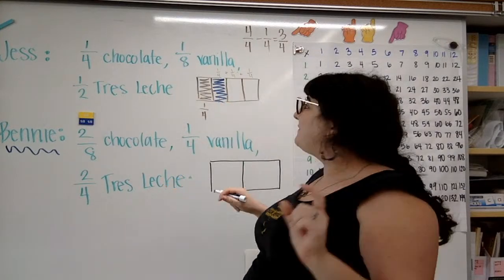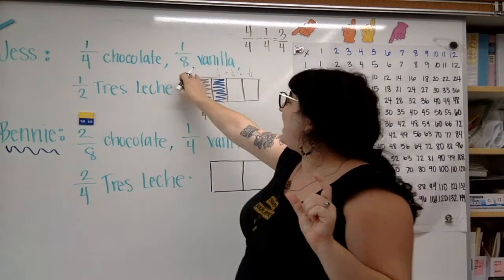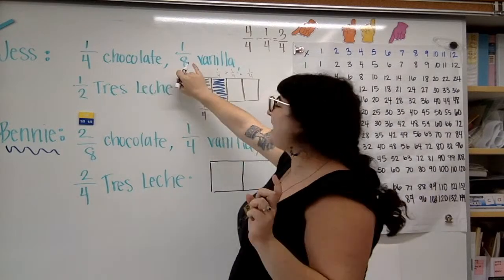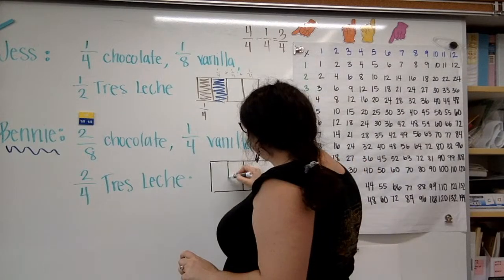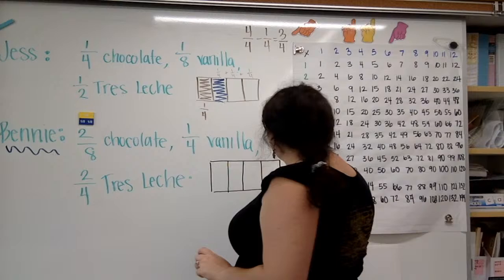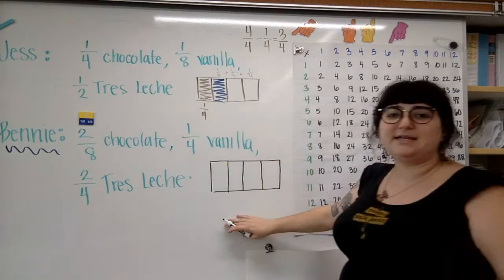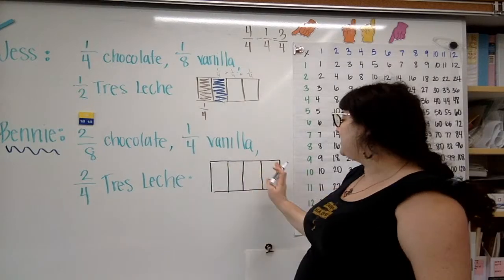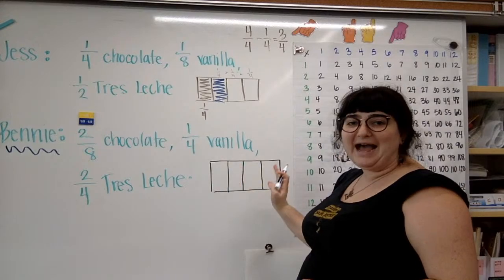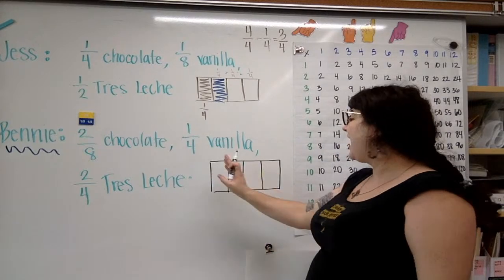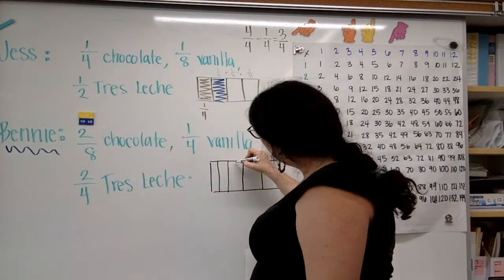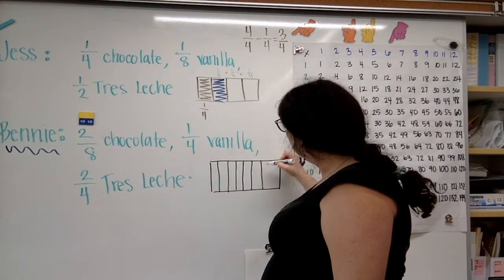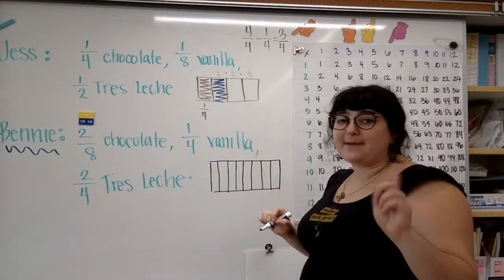So I have a feeling Jess, after having that chocolate, was like, I just want a little taste of the vanilla. Right? We have to think of the reasonableness of it. So remember my trick. I draw a half to get 2, I half my halves to get 4, and then I half my 4s to get 8. And then I double check my work as a mathematician.